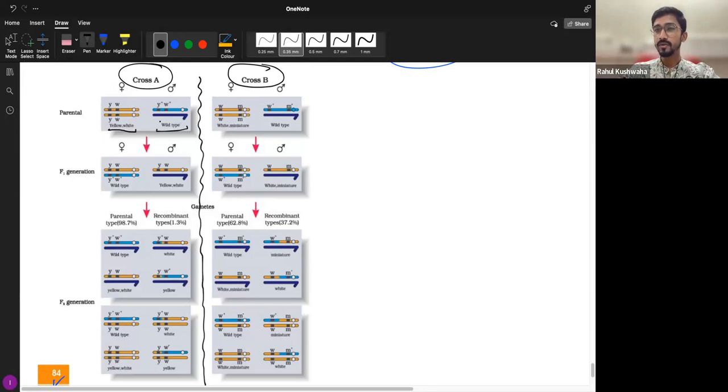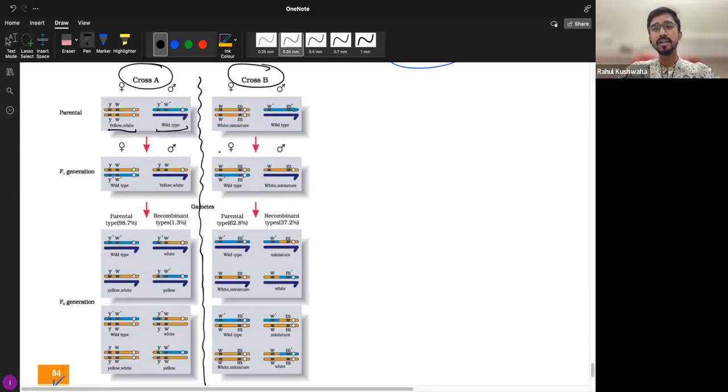So just write it in your books only. I don't know why NCERT does these things to confuse. In the chapter they wrote, in their explanations, that Morgan crossed yellow-bodied, white-eyed flies with brown-bodied, red-eyed flies. But when they make the figure, they write yellow and white, but they write wild type. You could have just written brown and red. That makes life very easy.